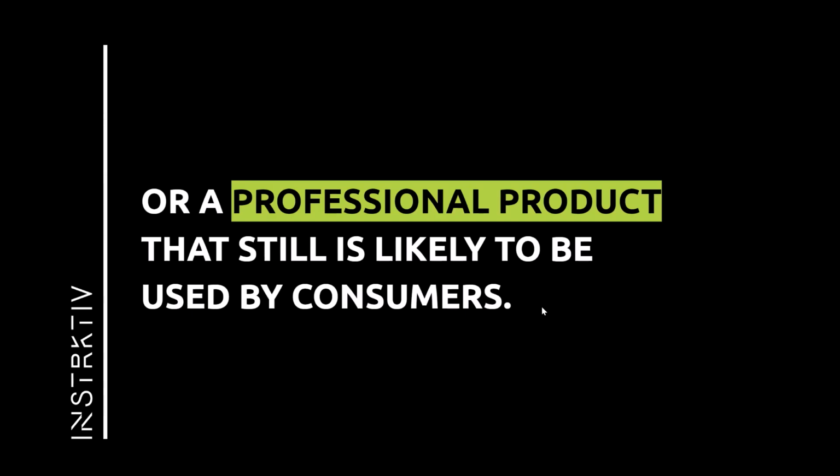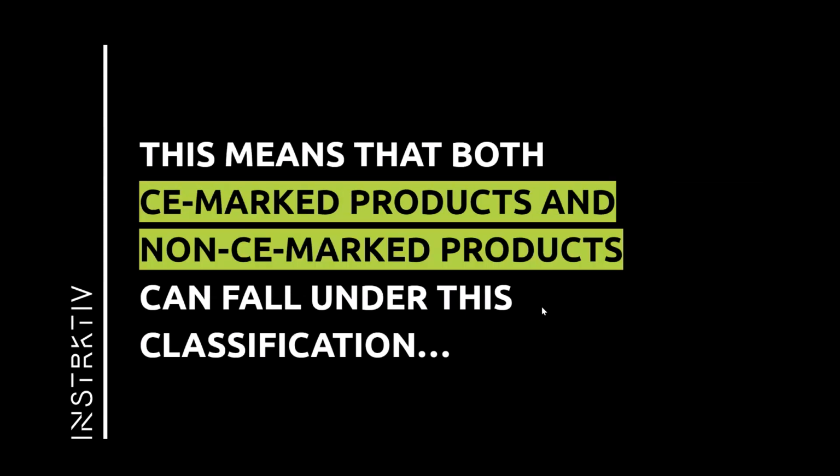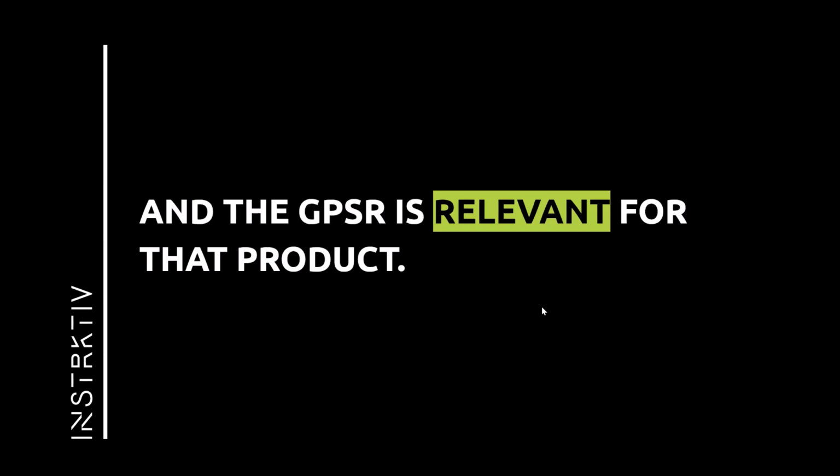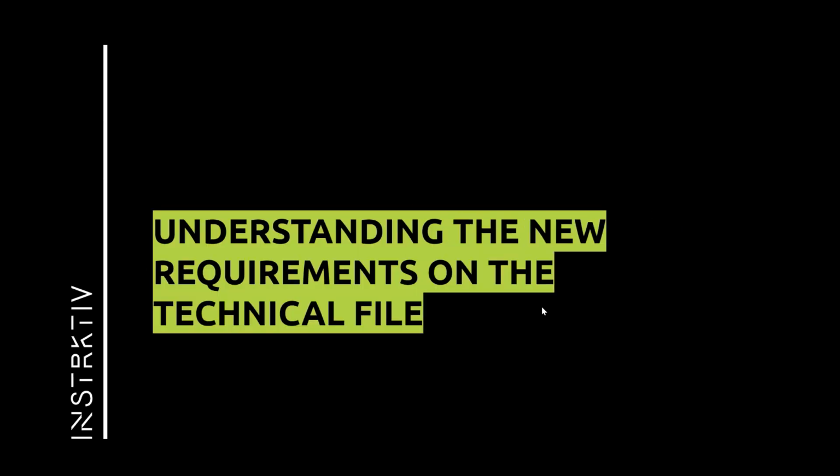So when you can reasonably expect that a product is used by consumers, even though it's a professional product, the General Product Safety Regulation still applies. Which basically means that both CE marked products and non-CE marked products can fall under this classification, and the General Product Safety Regulation applies to that product.